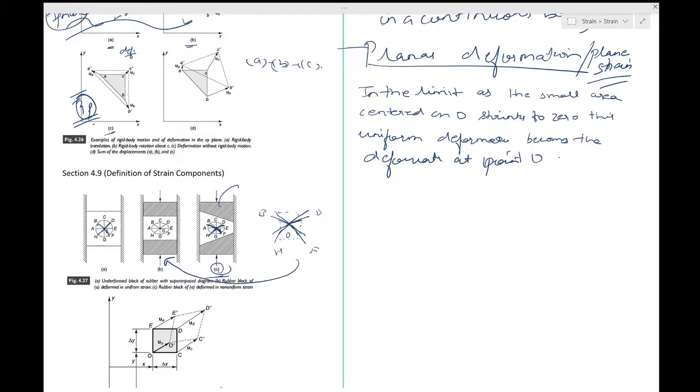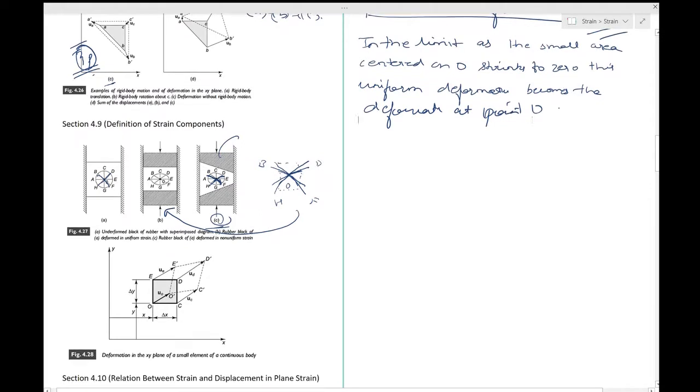Okay, so we now consider a thin continuous body. That's over here, I think. Yes. So we consider a thin continuous body which lies entirely in the xy plane. So that is shown by this OCDE.